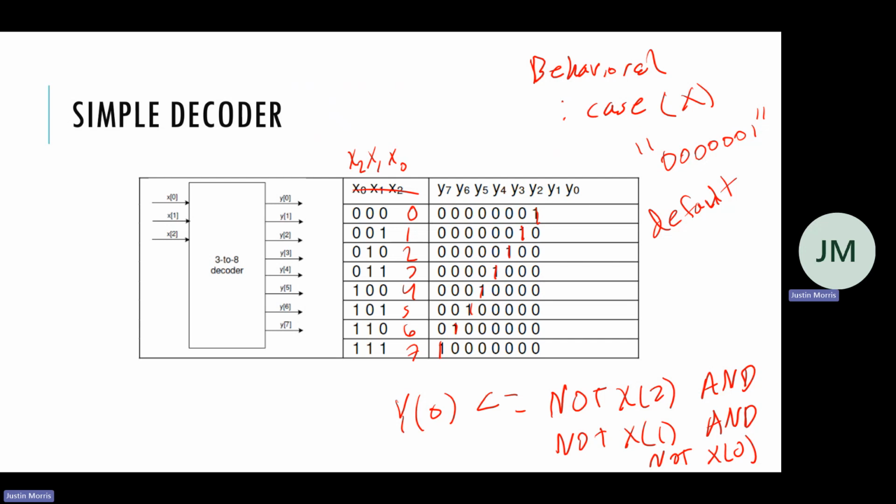And then you can do the same for y1, y2, all the way to y7. So you just have 8 equations. And you can do it as this data flow modeling.